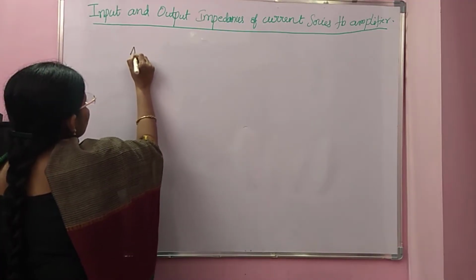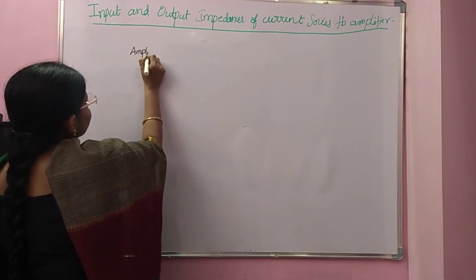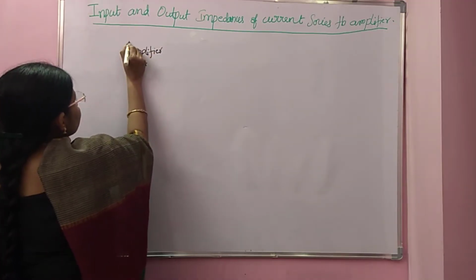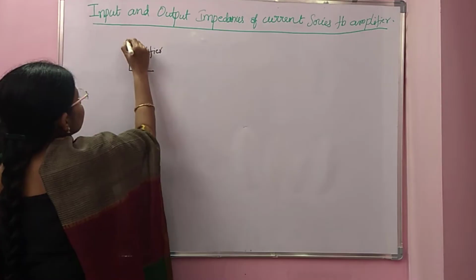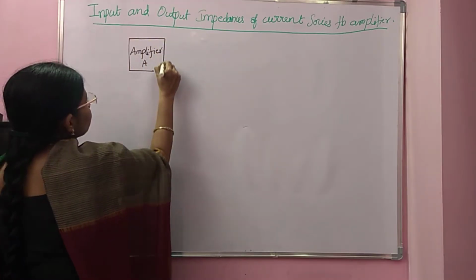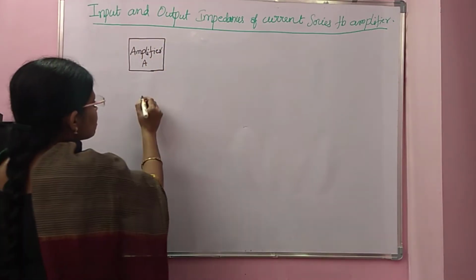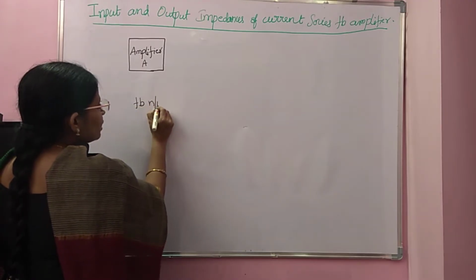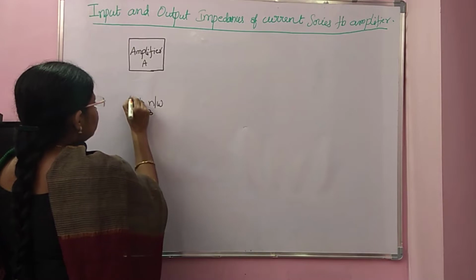Yes, it consists of an amplifier of gain A, and another main circuit is the feedback network of factor beta.